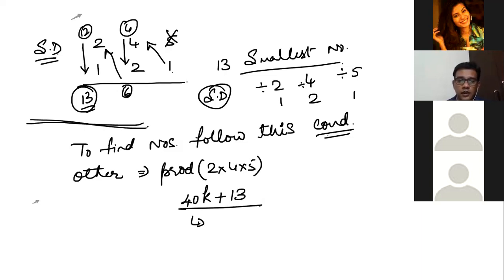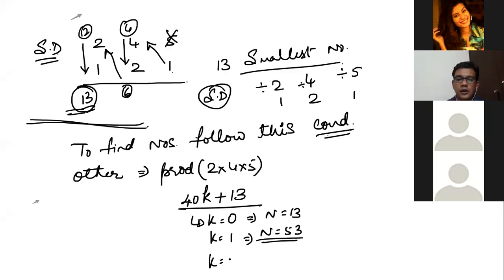So if I put k value as 0, I get 13, which was the smallest number that we found. If I put k value as 1, 40 into 1 is 40. 40 plus 13 is 53. I get the next number which is 53. If I put k value as 2, I get the next number.